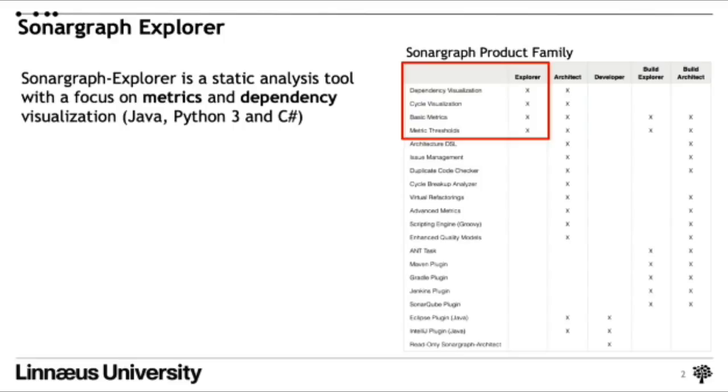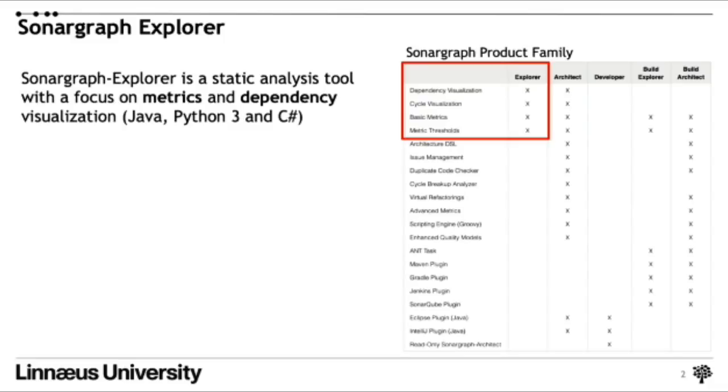And as we said, dependencies are very important, because they allow us to understand if we have low coupling or high coupling, and also if we have high cohesion or low cohesion. The tool will also allow you to run some metrics, and we will discuss metrics in the coming lectures. It's very important.